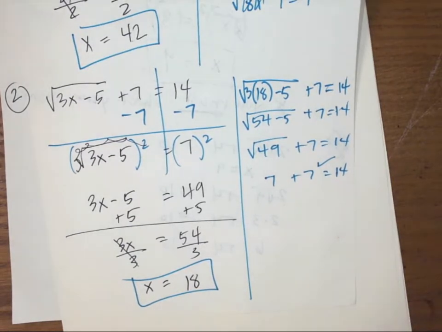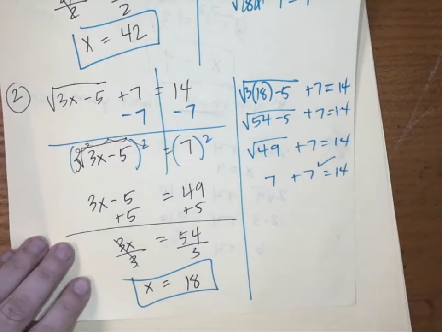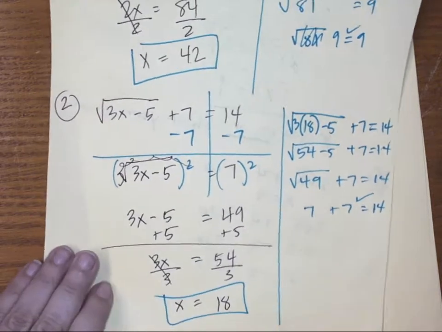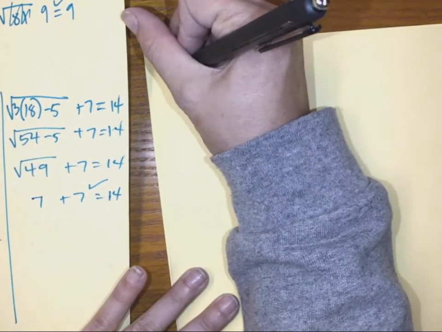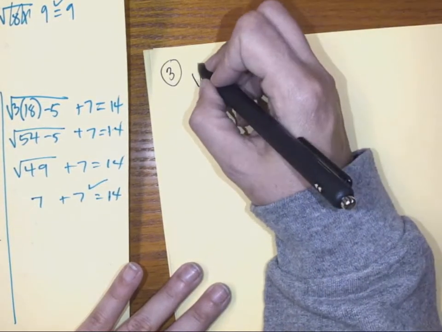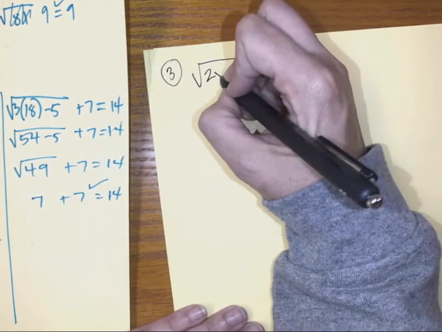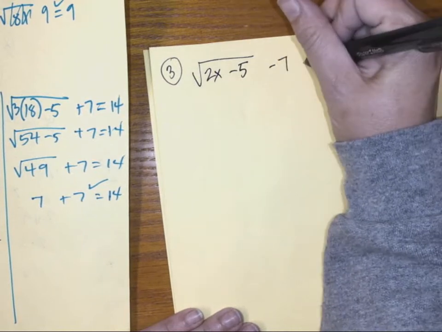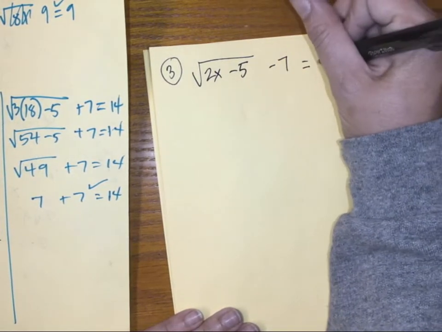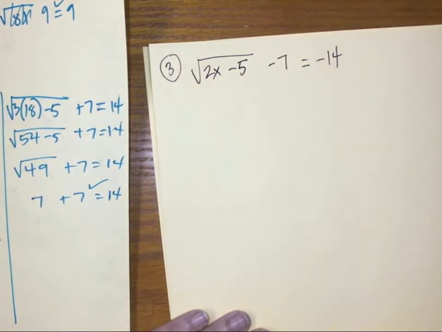Okay, so let's do another problem like that, but let me show you one that doesn't really work out like that. So if I had the problem, the square root of 2x minus 5 minus 7 equals negative 14.